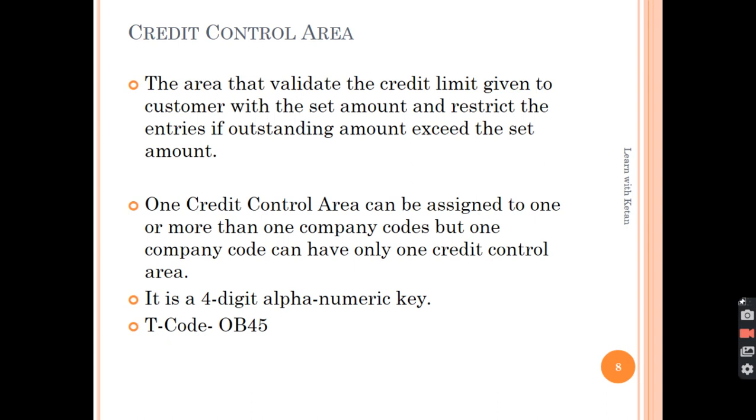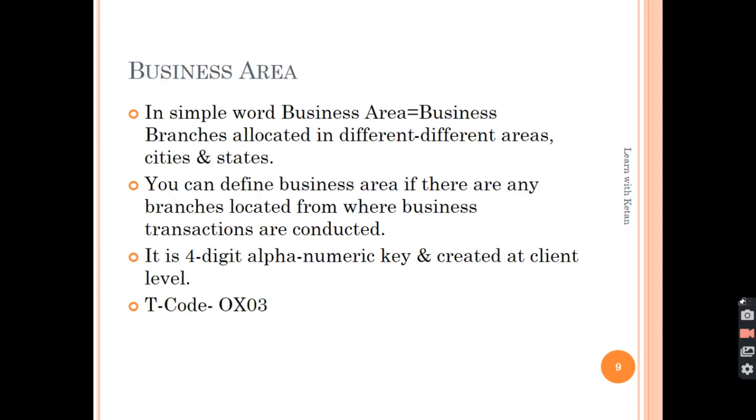And to create credit control area, you can use a T code OB45. We will see in the practical example after understanding other topics. So move to the next topic, that is business area.